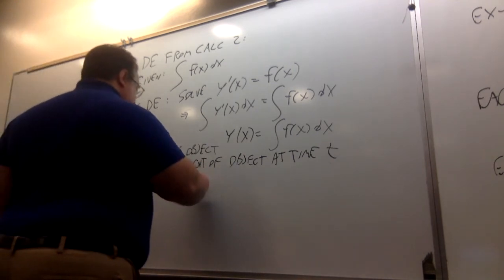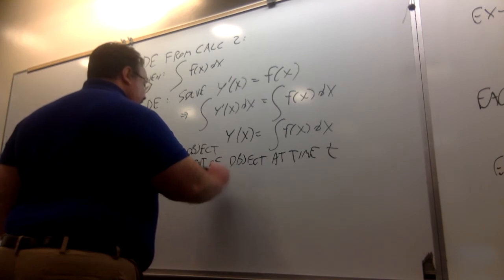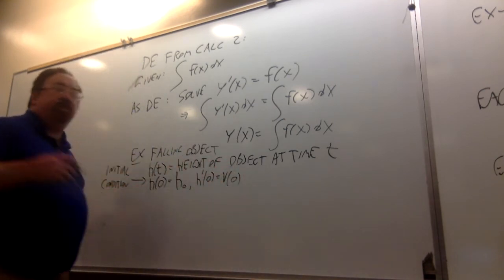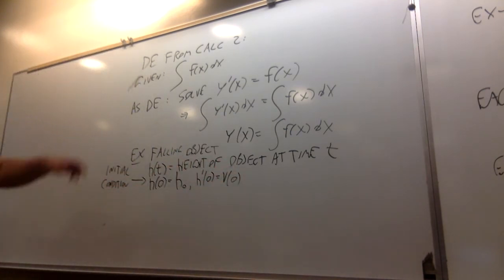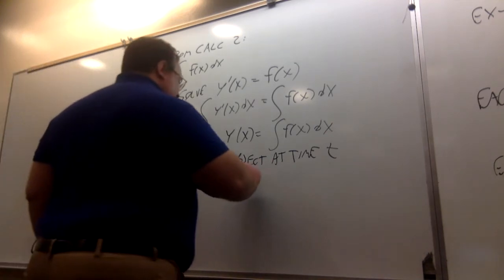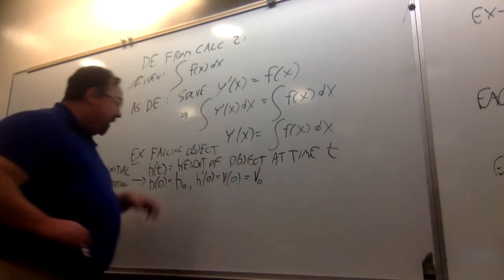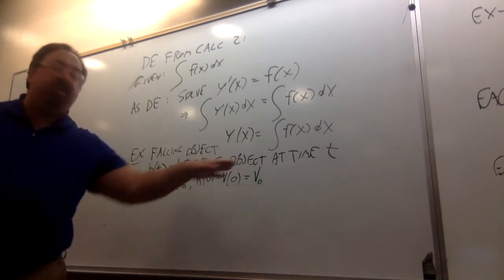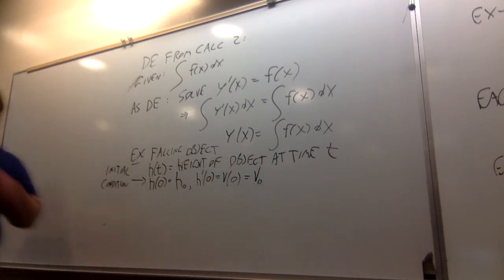So I'm going to specify that h prime of 0, which we can refer to as v of 0, if I use v of t to refer to velocity, will be some given constant v naught. So h naught is the initial height, v naught is the initial velocity, specified in consistent units.